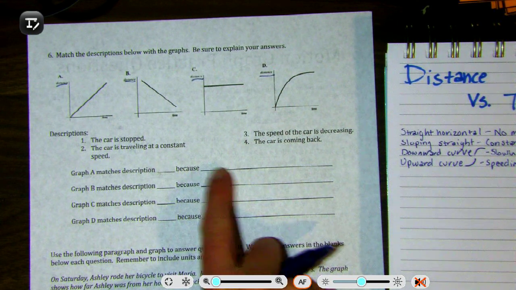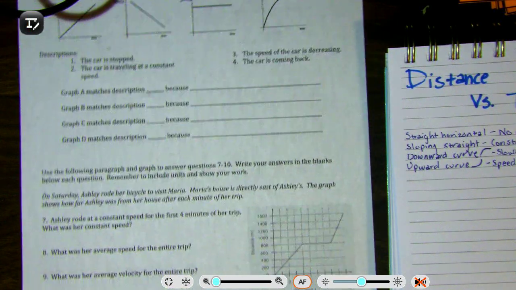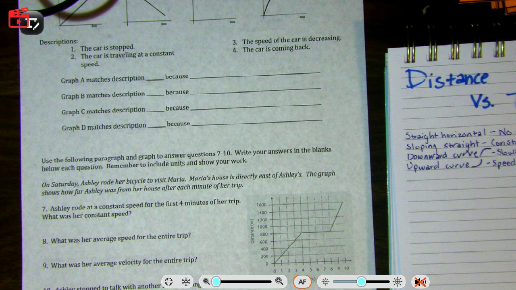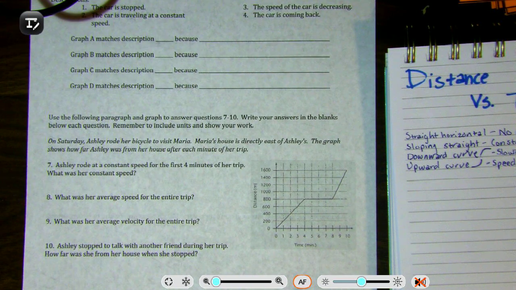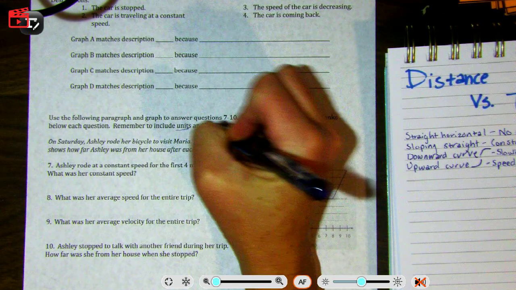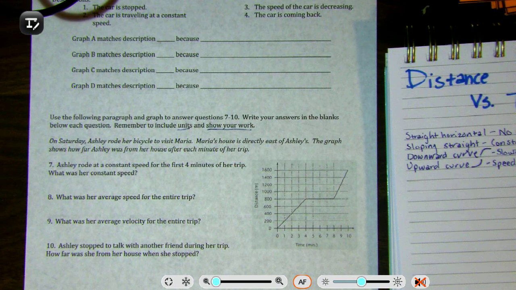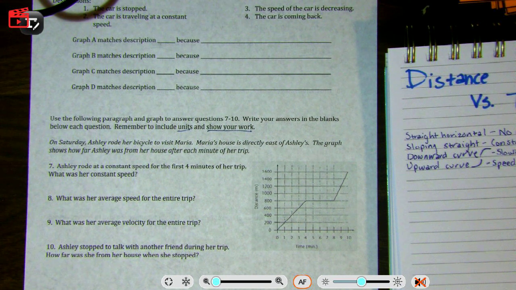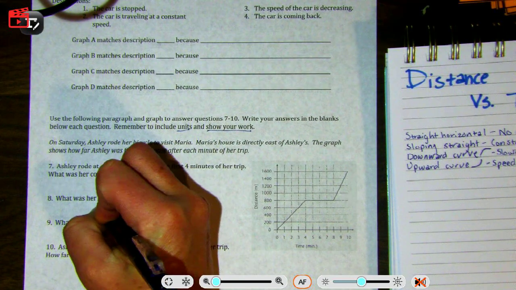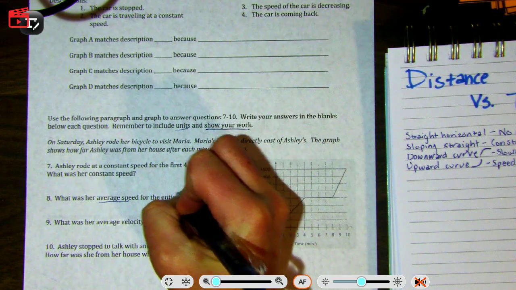And tell me why. Now, this says, use the following paragraph and graph to answer questions 7 through 10. Write your answers in the blanks below each question. Remember to include your units and show your work. It's been a while since we were solving for speed. And remember, average speed is going to be total. So this is total.